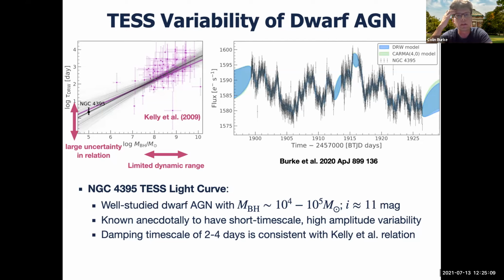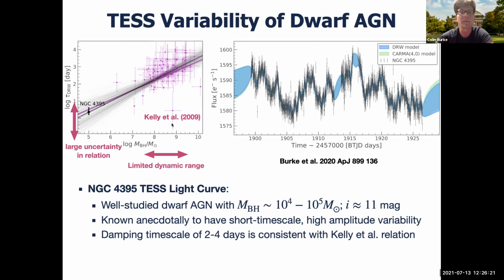And indeed, we saw quite a beautiful light curve using TESS. And after detrending the light curve, which I won't go into the details of for this talk, we were able to extract a damping timescale of 2 to 4 days, which is roughly consistent with what we would expect from the timescale-mass relation from previous work by Kelly et al. 2009. So they studied a range of AGNs and did a similar analysis.